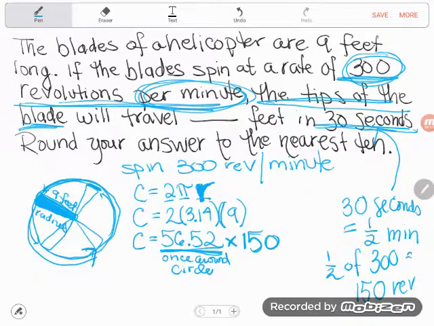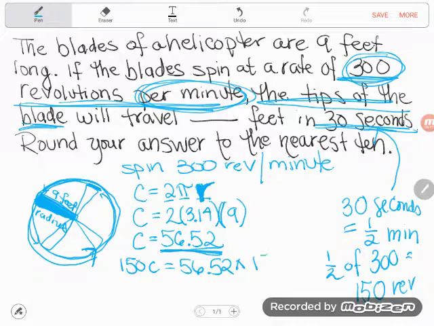I need my trusty GED calculator again. So I'm going to take my 56. I'm a little mad at myself actually right now. Can I change something? I don't like the way I wrote this. I don't want it to look like it's a new expression. I'm going to write it as a new line. It's really 150 times around the circle is equal to 56.52 times 150.